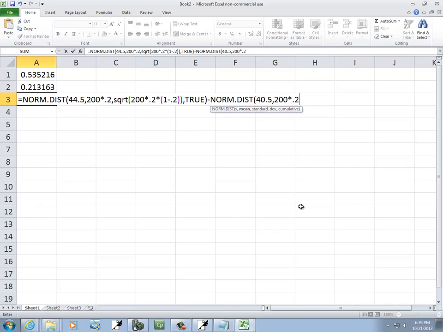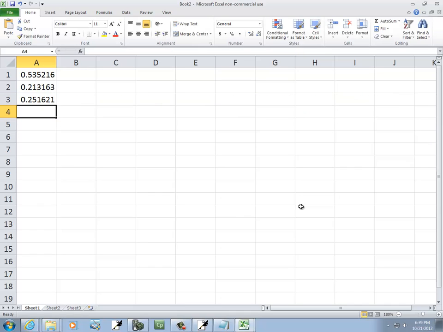So 200 times 0.2, comma, square root of 200 times 0.2 times, beginning parentheses 1 minus 0.2, closing parentheses on the 1 minus 0.2, closing parentheses on the square root, comma, TRUE, closing parentheses on NORM.DIST, enter. And that would be our probability.